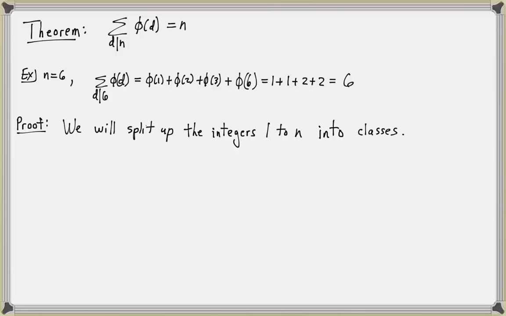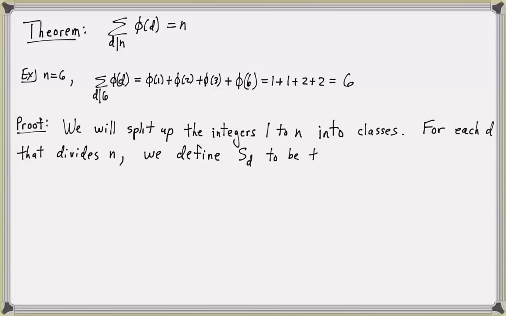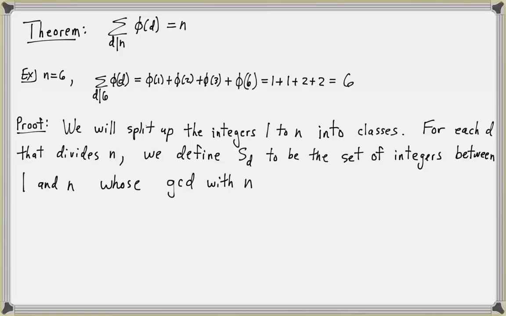For each divisor d that divides n, we're going to define a set S of d to be the set of integers between 1 and n whose greatest common divisor with n is d.